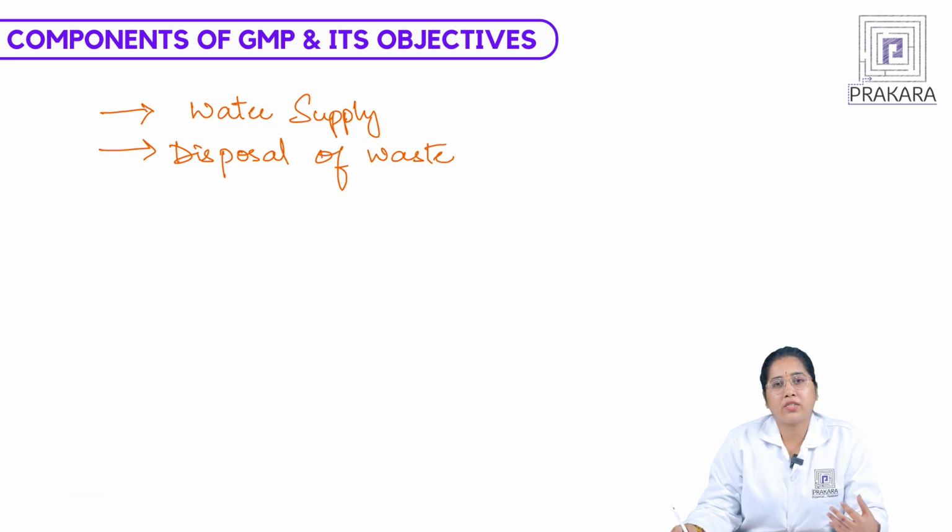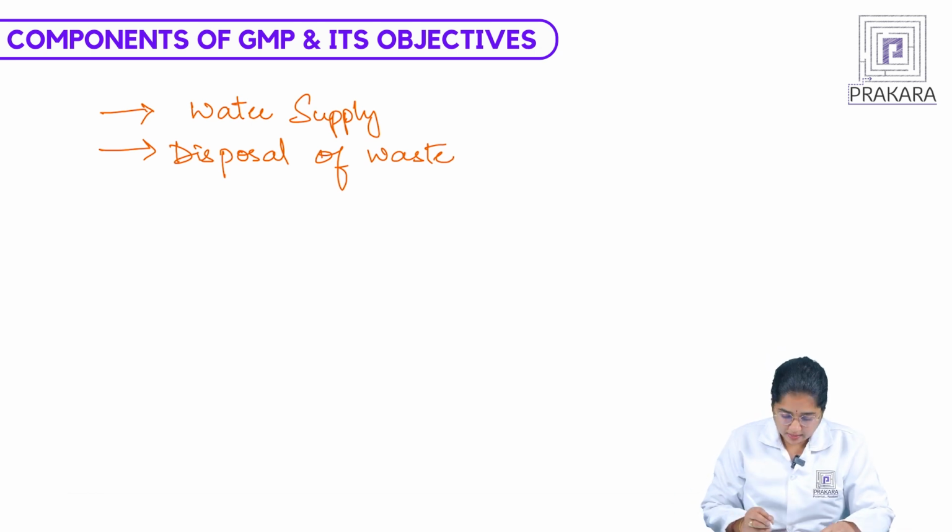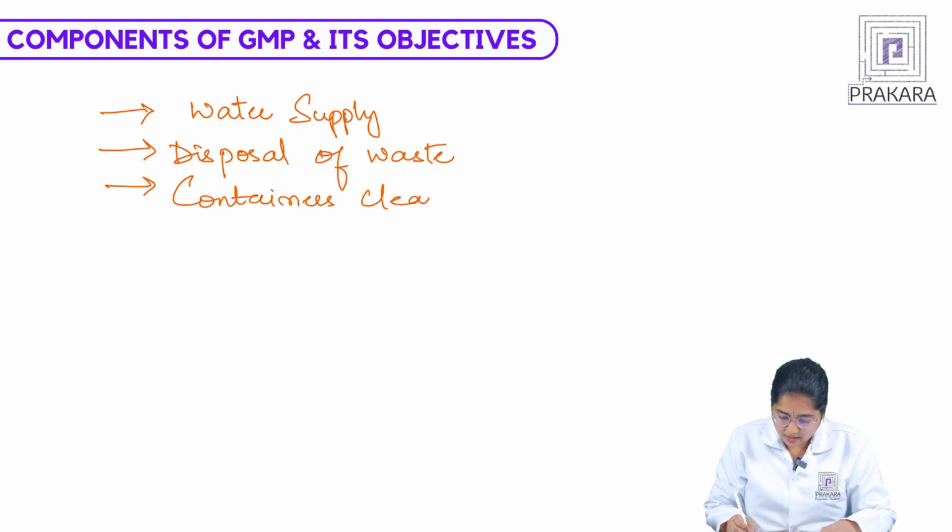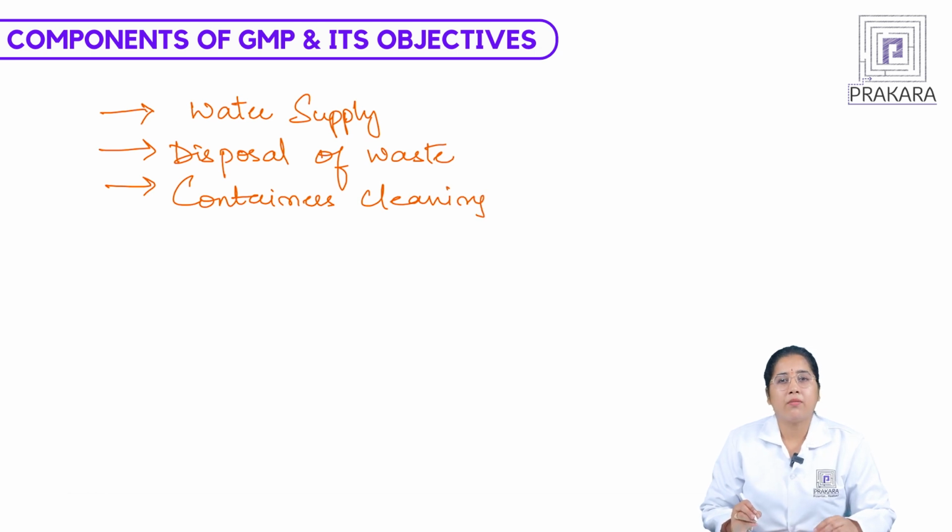Sometimes some byproducts are dangerous or not safe for the environment, so we have to treat them before dumping. We have to follow all these guidelines which are already mentioned in the documented reports. Then containers cleaning: whatever containers we have used should be properly cleaned, because they should not cause any contamination for the next use of any product.